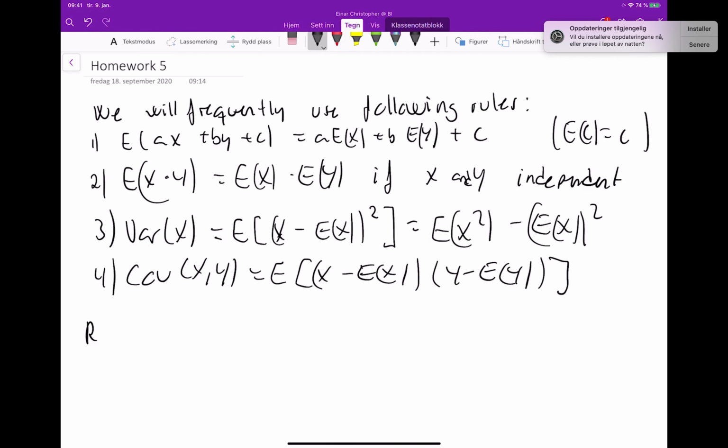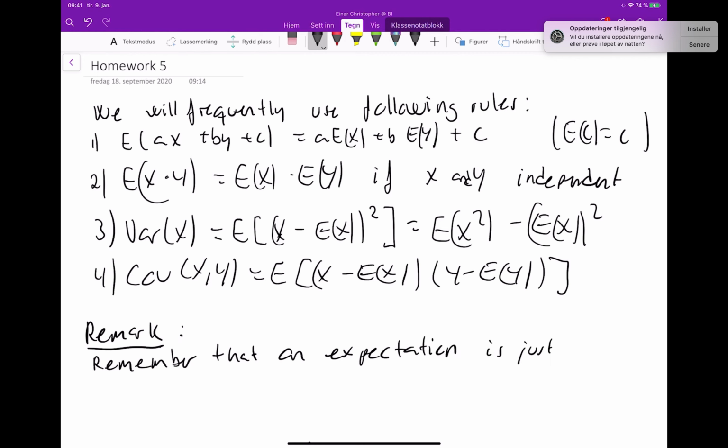Remark. Remember that an expectation is just a number, not a random variable.